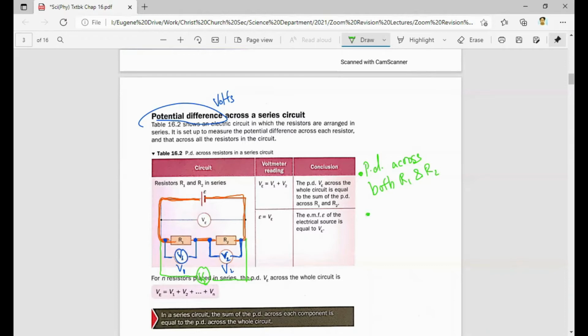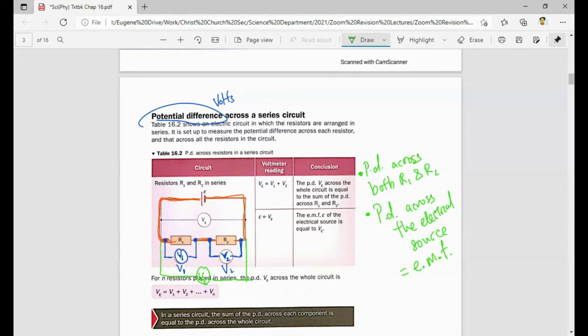Next, VE can also represent that it's measuring the potential difference across the electrical source. And we also know that the potential difference across the electrical source is the same as saying I am finding out the EMF, which is the electromotive force.